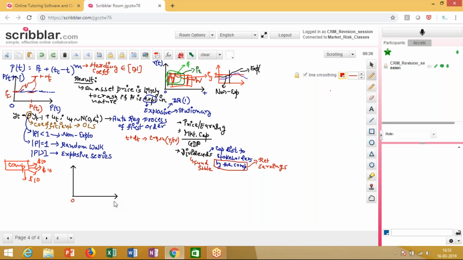So over here, I'll put the time factor, and this is the asset price. Let's start looking into this.